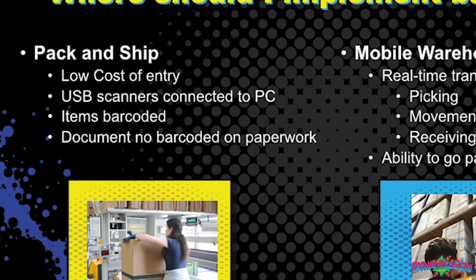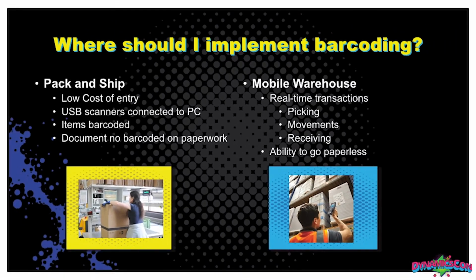This has a low cost of entry. We would typically just use a simple barcode scanner connected to the computer. But this is really going to give us accuracy at shipping because now we're not manually shipping these orders.